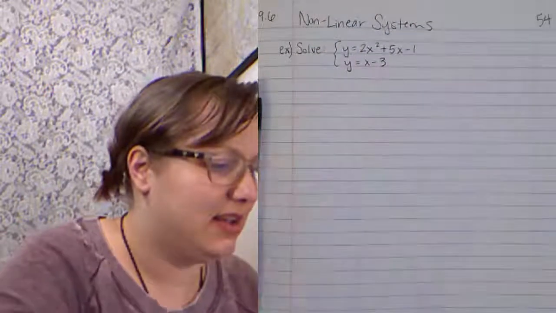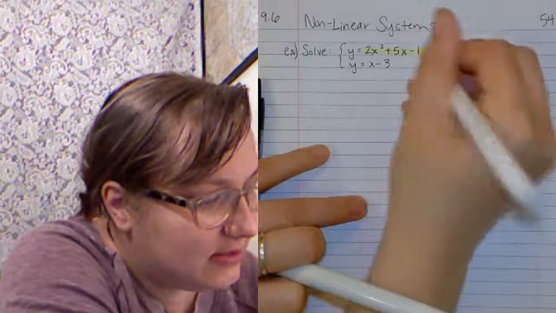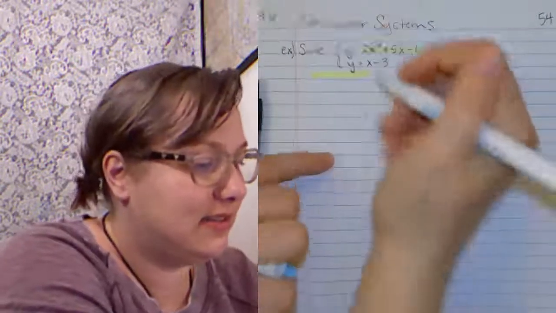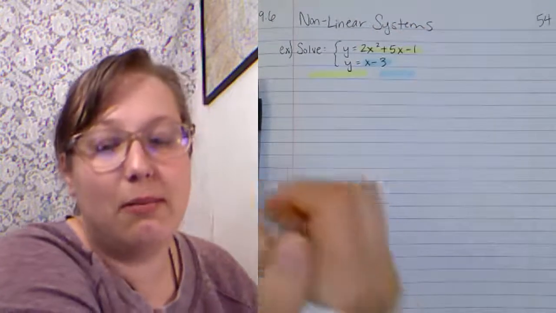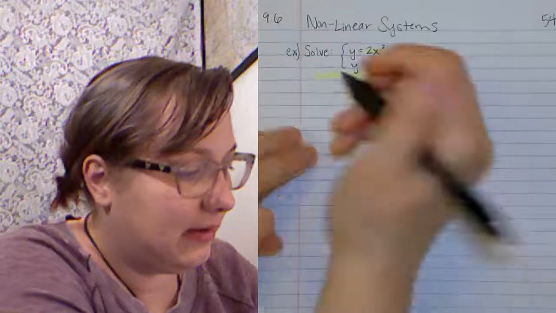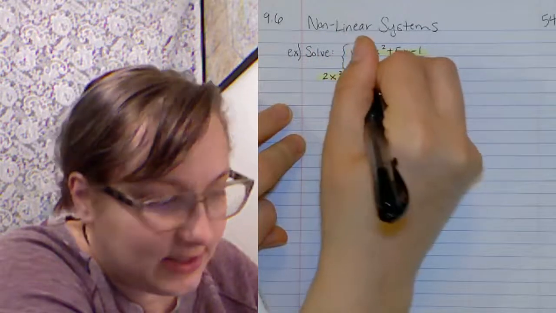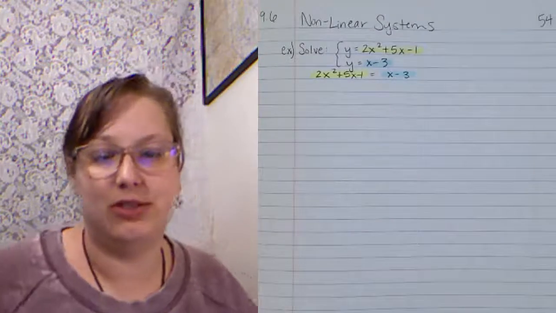What I'm going to do is take this entire equation right here and set it equal to this little baby equation right here. I'm going to make them equal, because if they both equal y, then they have to equal each other. That's just a rule. And you'll actually learn that next year in geometry too.